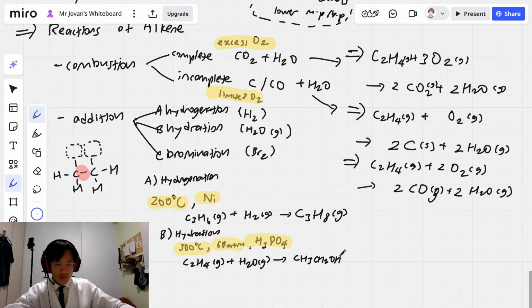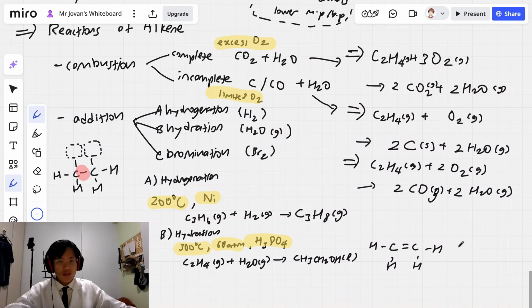Don't worry, I'm going to draw this out for you. I'm going to draw in this space here. So let's draw an ethene first. I need to add H2O into the ethene, like how I added hydrogen in. Plop, plop, fill in these two spaces. But for water, this is what water looks like.